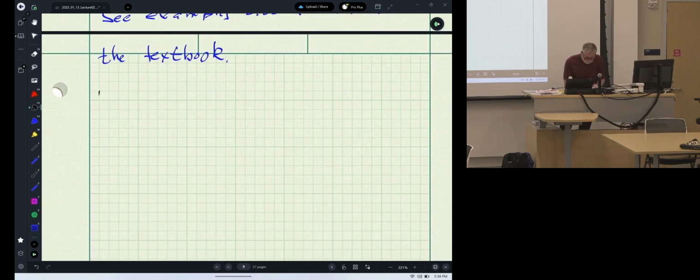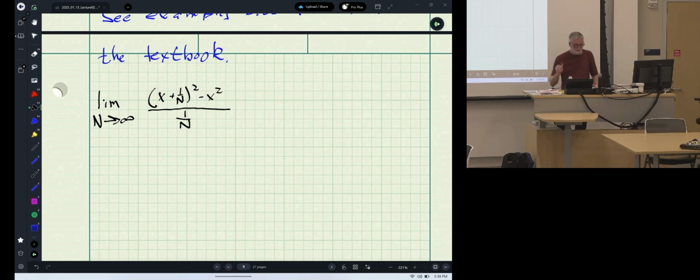Now let's do a little bit more complicated example. N goes to infinity. And this is the quantity x plus 1 over capital N, squared, minus x squared, divided by 1 over n. And it's not a ratio of polynomials, so it's not a rational function.